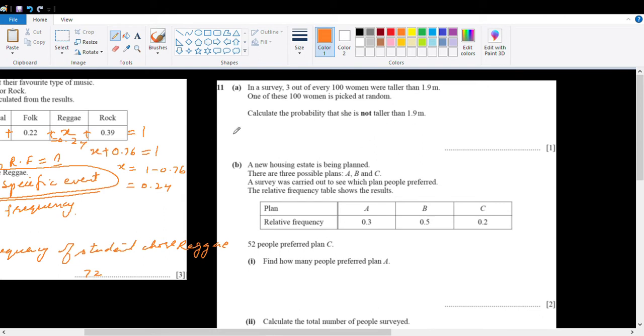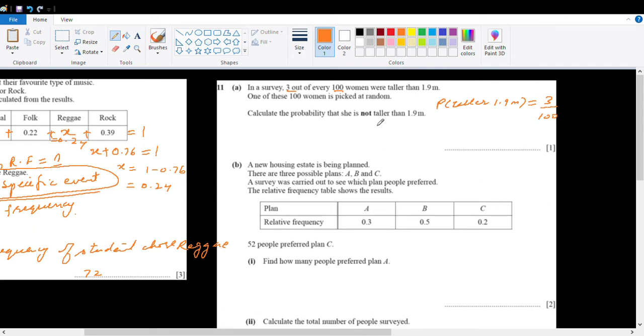The probability of being taller than 1.9 meters is 3 over 100, that's 3 out of every 100.